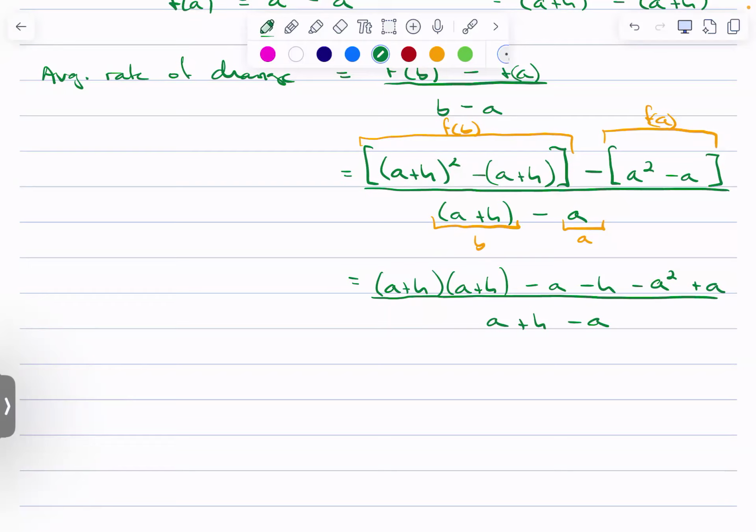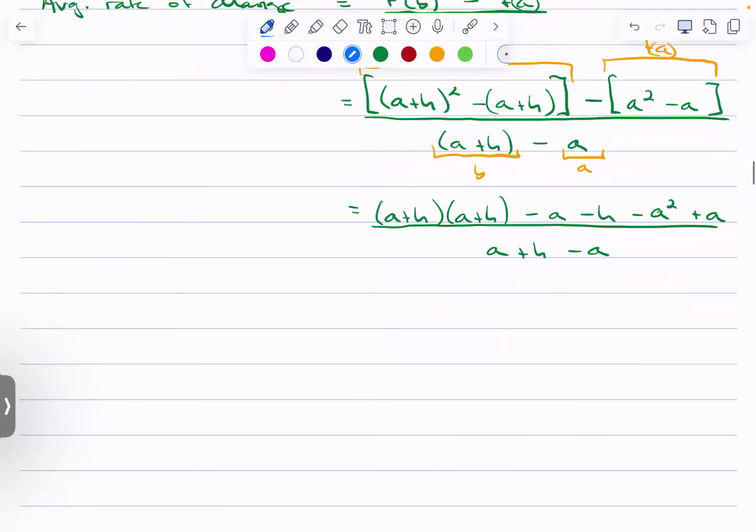What's nice is immediately I see some cancellations I can do. So I don't have to lug them around. You don't have to cancel things until the end, but I have a minus a plus a, that can go away. I don't need to drag those around. And how about an a minus a?